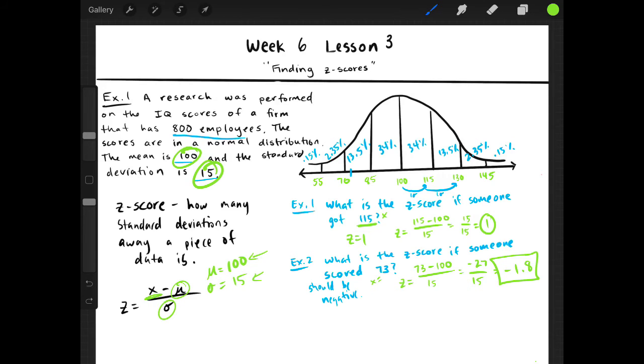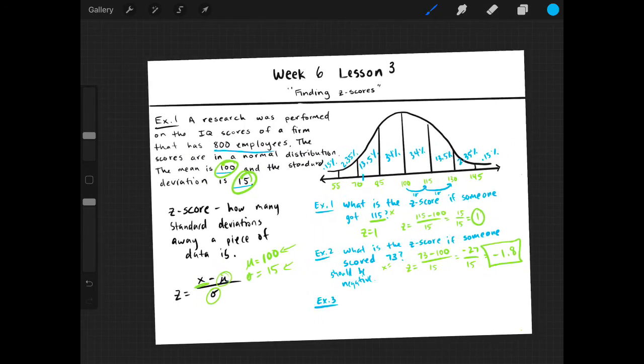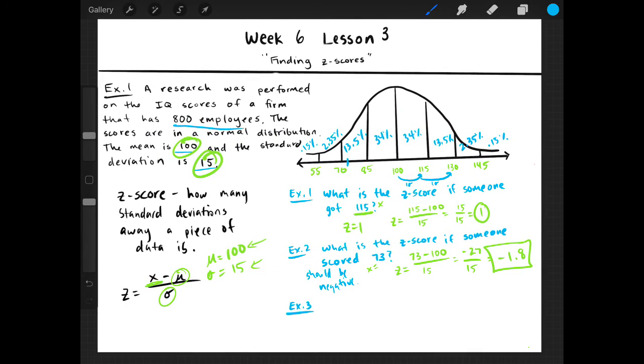The last thing that you can do on an example like this is, instead of finding a z-score, the question can give you a z-score, and you can find that piece of data. You can find the x value. So let's do one on the positive side. It doesn't matter. The process will always be exactly the same.